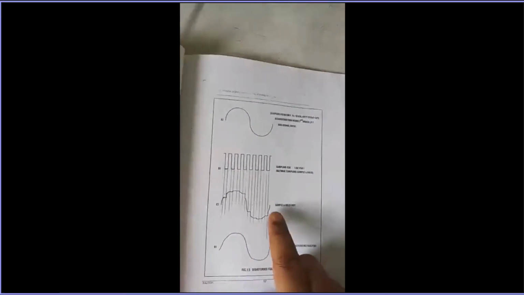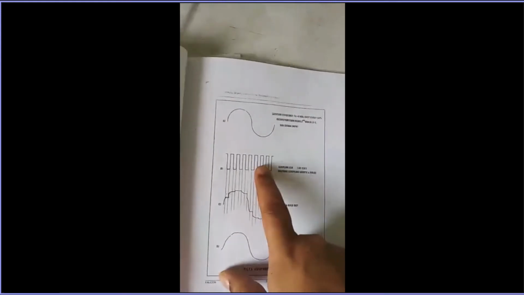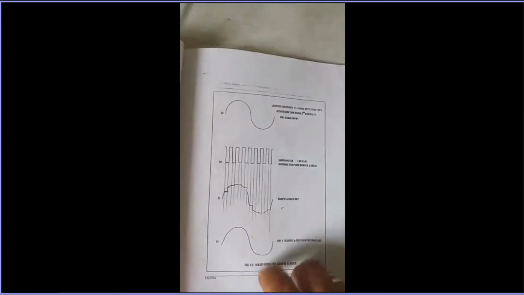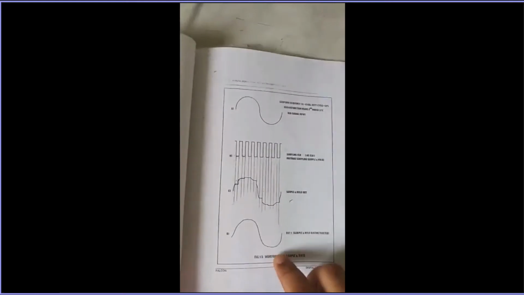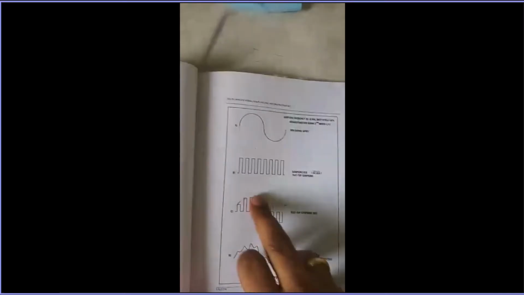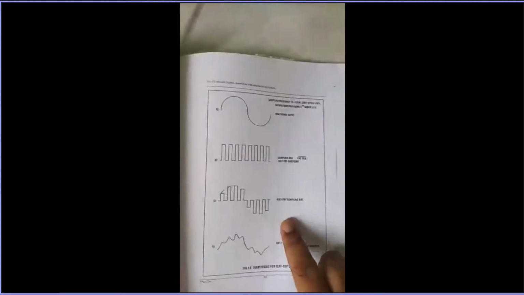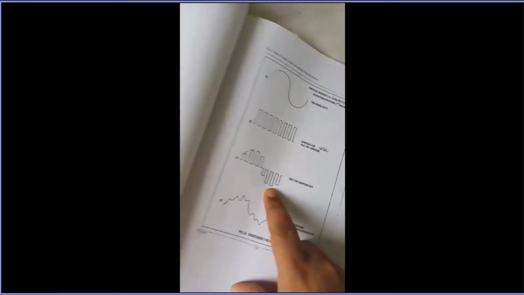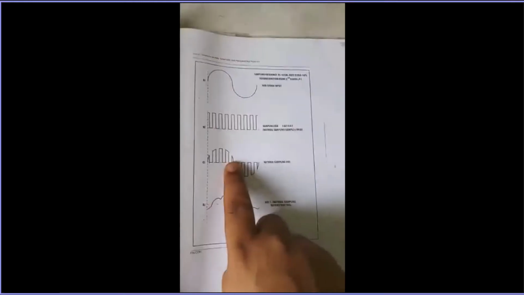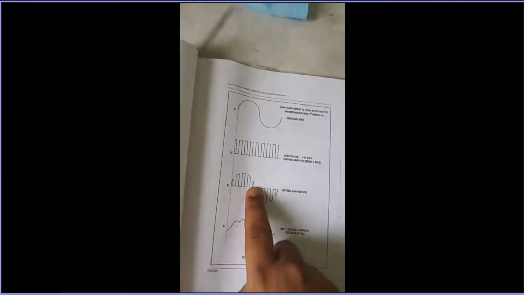Likewise, here you can see this one for the sample and hold circuit. This is the control signal for the sample and hold circuit. And when it passes through the low pass filter, you will have this output. And this is for the flat top sampling input. And this is the output of the flat top sampling. So the top is flat, you can see the top is flat. Here the top is not always flat. Here the top is not flat.